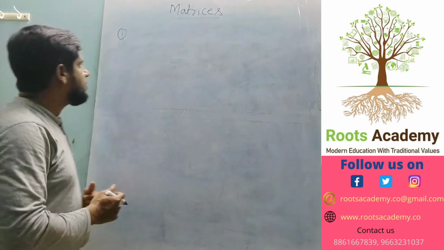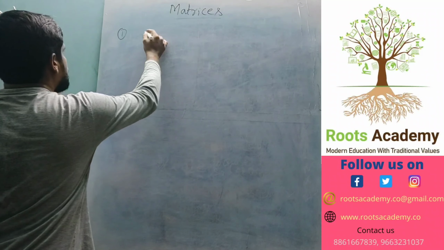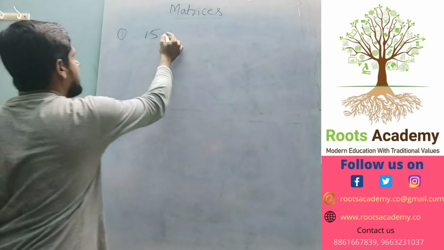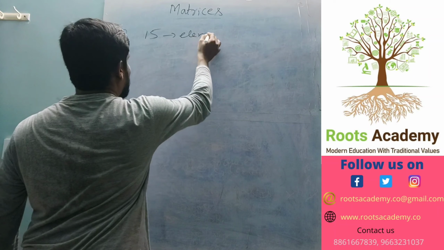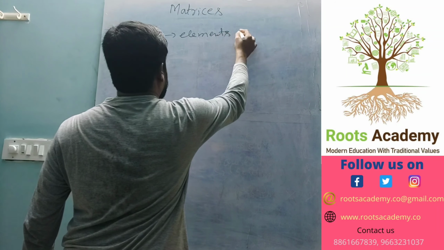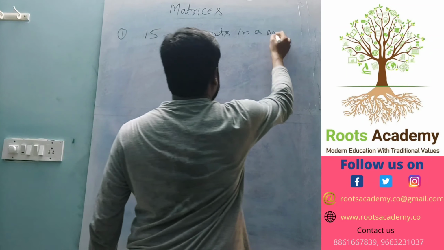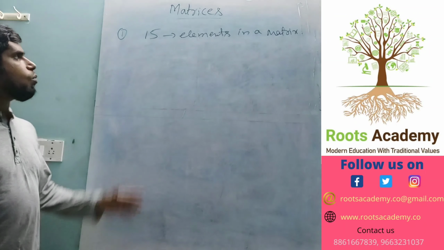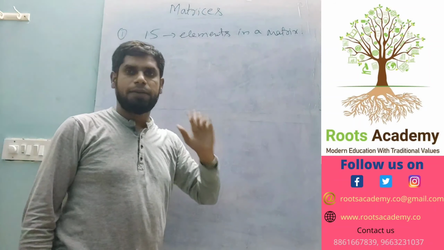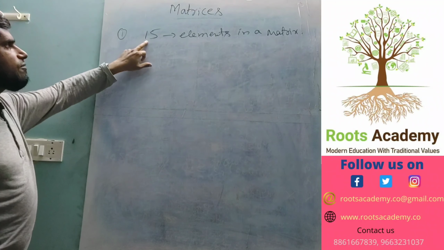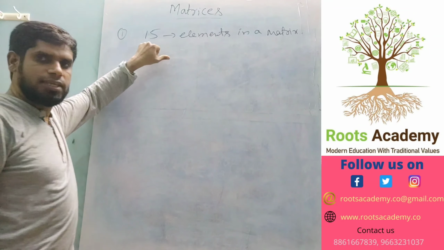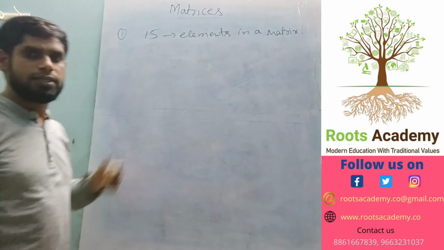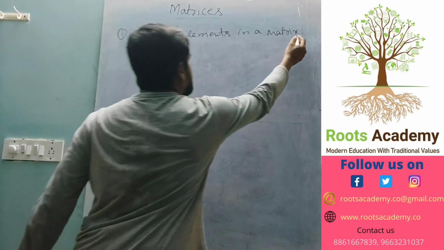For example, if I said I have 15 elements in my matrix, then what are the possible orders I can get? Now he is asking us to find the number of orders.